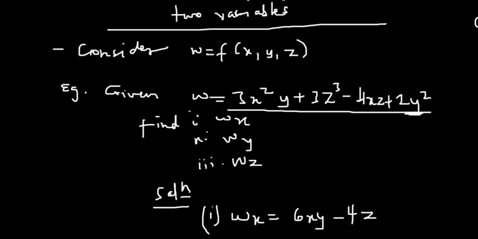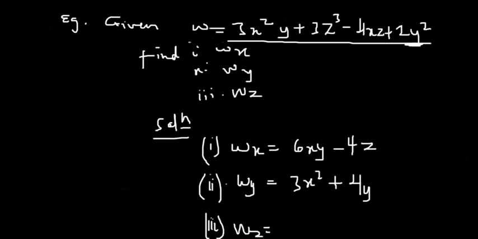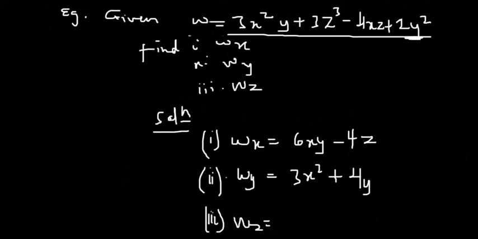So let's take the last one, which is partially differentiating with respect to z. So this is the main question. So let's do the partial derivative. This goes to 0 because we don't have any z over here, and then we differentiate with respect to this portion.